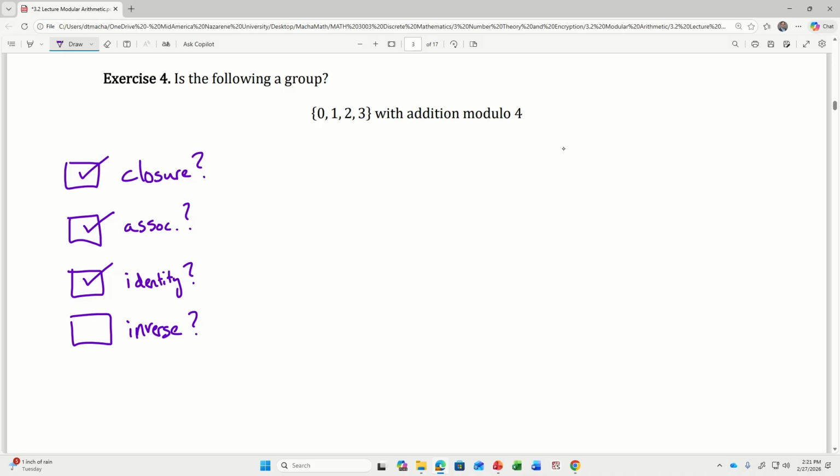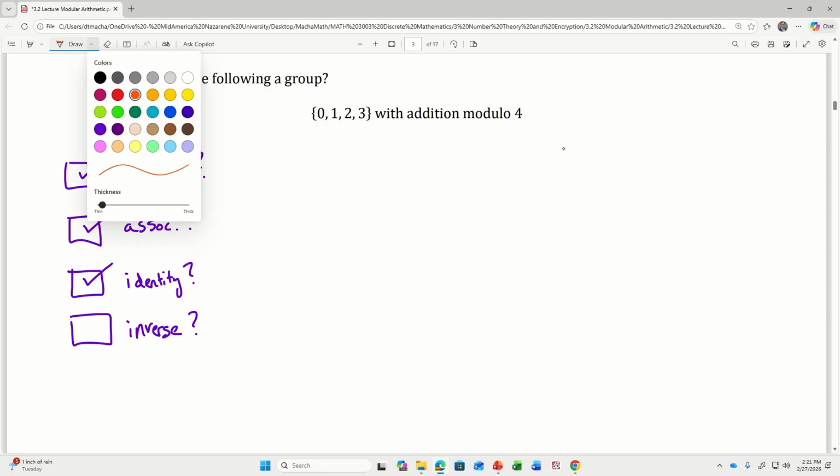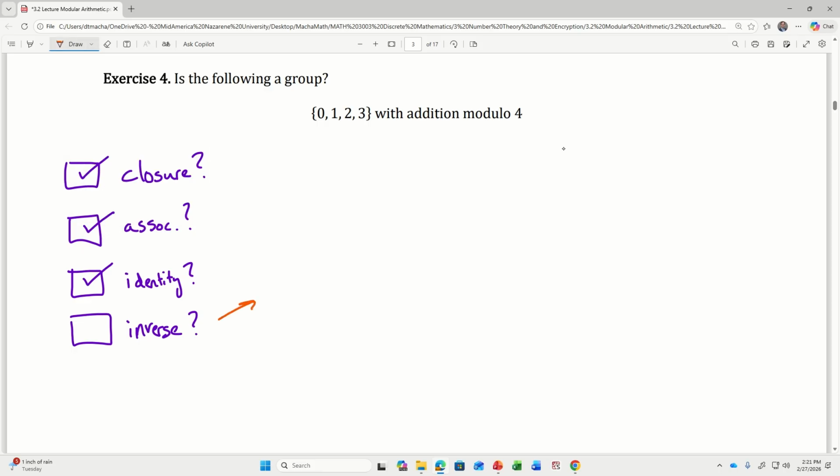Does every element in this set have an inverse? 0 and 0, so 0 is self-inverse. 1 plus 3, and then 2 plus 2.